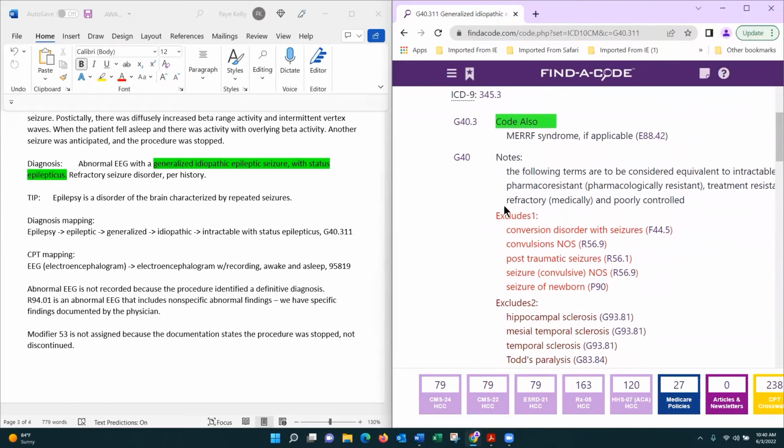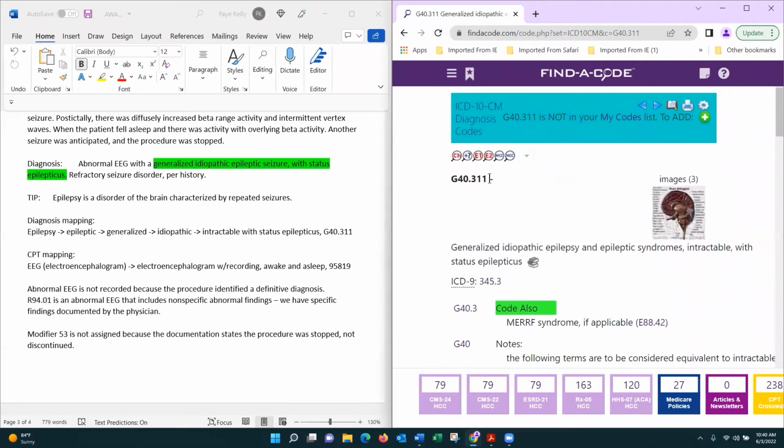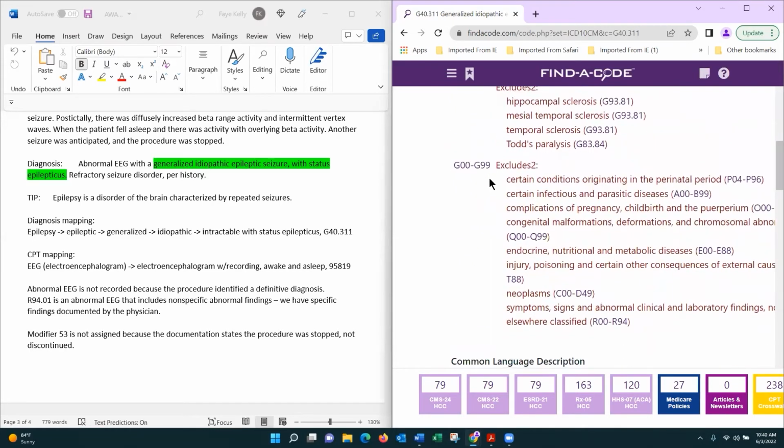Okay, notice right here that under the G40 category, and that's where we're at, our code is G40.311. Notice here that we have an Excludes1 note. So make sure when you land at your code that you scroll down and read all the notes.